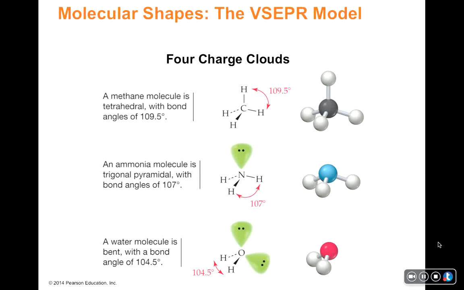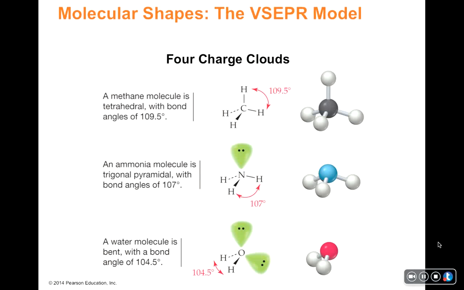So that lone pair is acting to make the shape of the molecule, but it's not shown in the overall drawing because the lone pairs don't have a physical shape to them. Water molecule on the bottom has 2 bonded atoms and 2 lone pairs, and so this forms again a bent molecule, and bond angle there is 104.5 degrees.